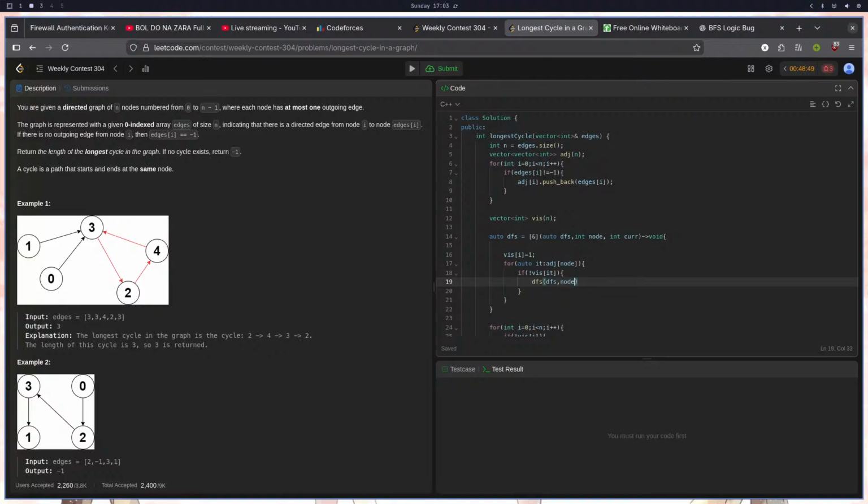DFS node, DFS IT, cur plus 1. Else if the state of IT equal to 1 then return from the method as cur plus 1, instead of node equal to 1, node equal to 2, node equal to 1.